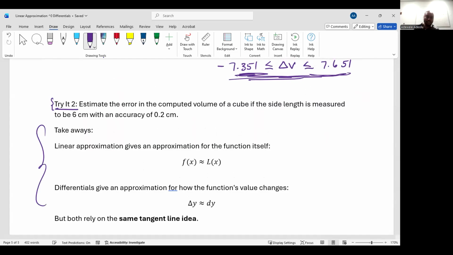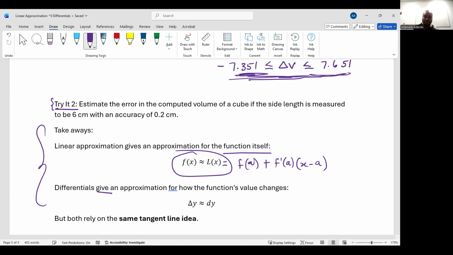So some takeaways: linear approximation gives an approximation of the function itself, where we started. f of x is approximately equal to L of x. We use it to approximate, that is this, f of a plus f prime of a times x minus a. So we use it to approximate the function itself.